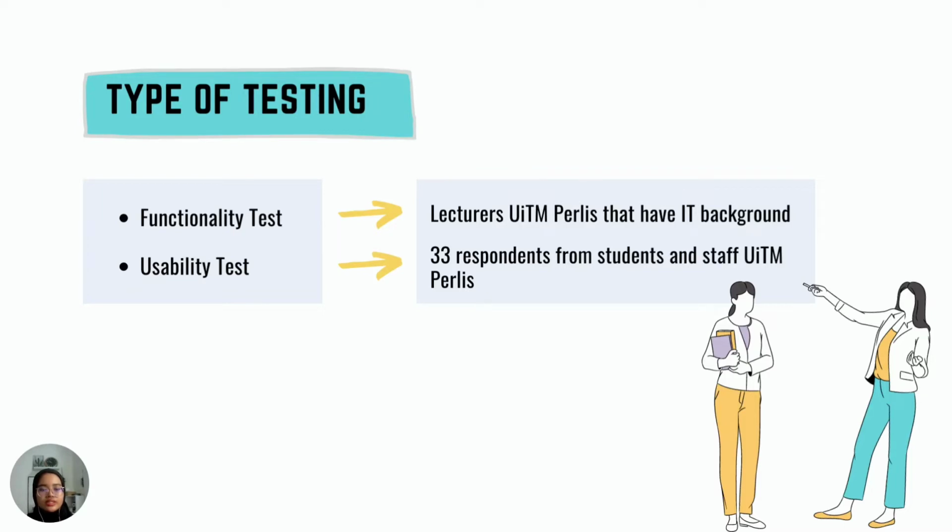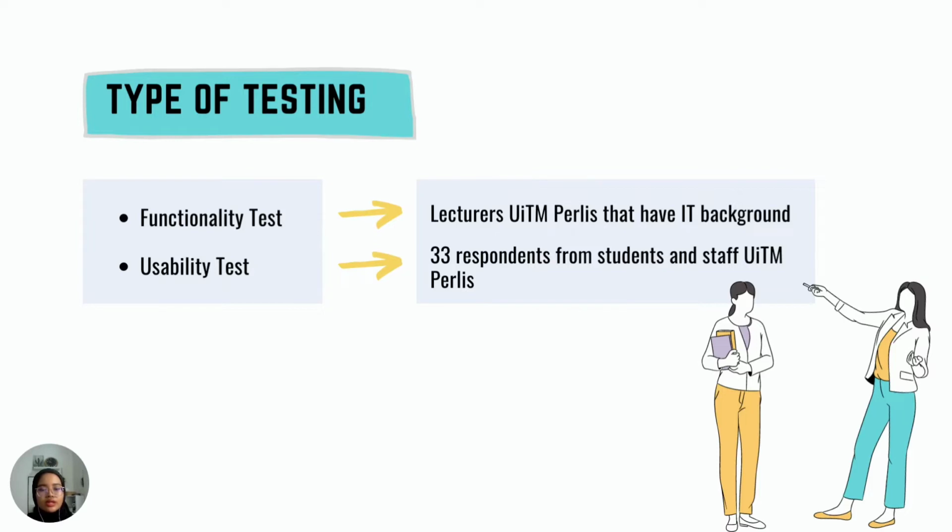So for the testing, there are 2 types of testing. The first one is functionality testing. This testing was conducted with lecturers from UiTM Perlis, and the lecturers are actually people who have an IT background. And the second testing is the usability testing.